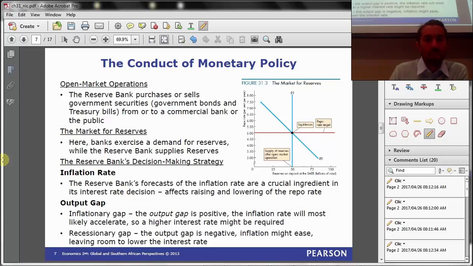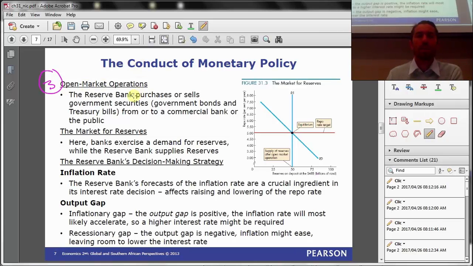Okay, and then open market operations. The Reserve Bank either purchases or sells government securities to or from commercial banks and the public. Okay, so we did discuss open market operations when we discussed the money market.